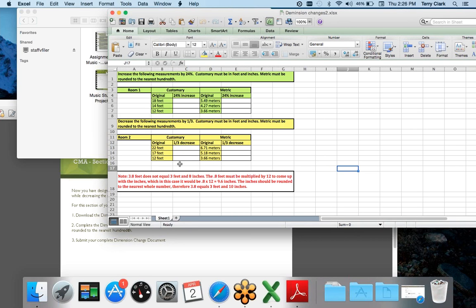For room one, they're going to ask us to increase it by 24%. That means we have to multiply and find out what the increase is, and then we'll do the same thing for the metrics as well.